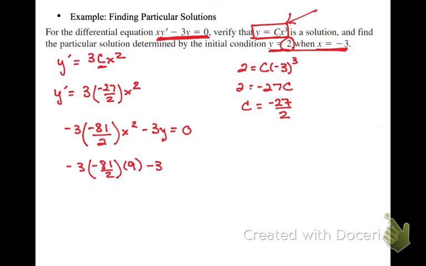Okay, and then y is 2. Do we want to do 9 times 81 or 3 times 81? Well, either way. Let's do both. 3 times 81.